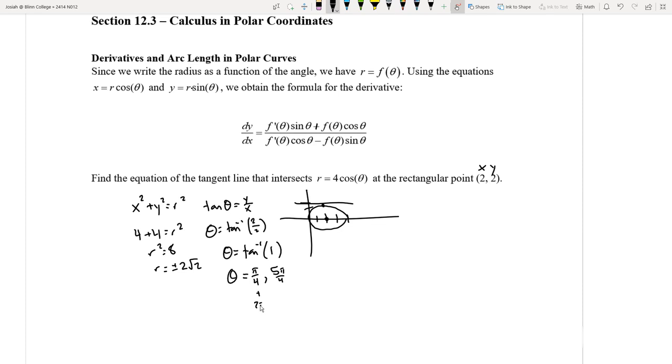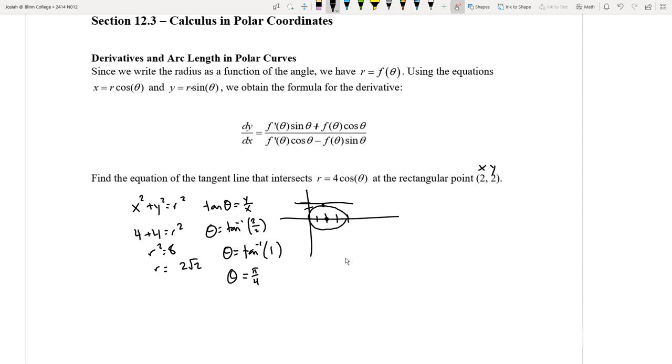And then for all of these, we add 2 pi n. And so we get our infinite number of thetas, right? And so we just want to pick the simplest one, which would be using just pi fourths and just the positive r. Right, so that'll give us the point that we have to plug in once we figure out our derivative here.